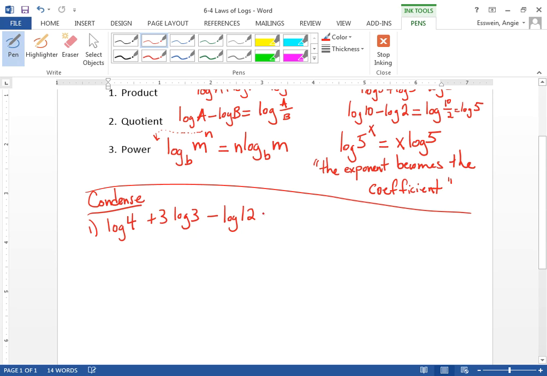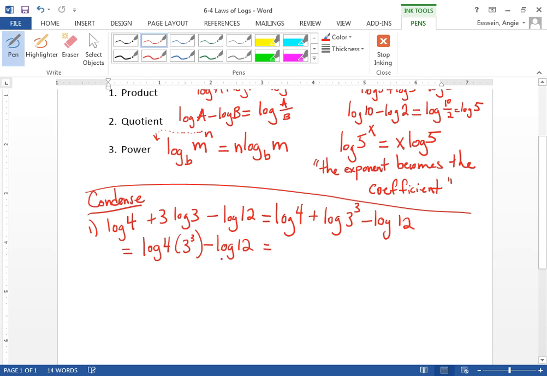So what we would do is go the opposite direction. We would move this 3 up. So it's log 3 raised to the 3rd power. And then this is equal to log 4 times 3 to the 3rd. When you add 2 logs together, it's the same as multiplying, minus log 12.